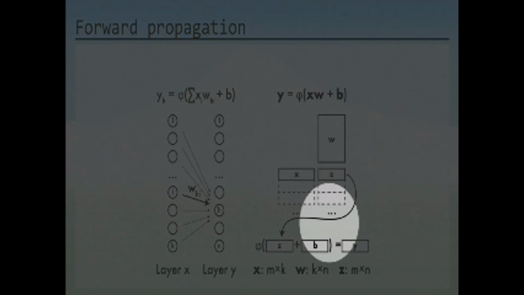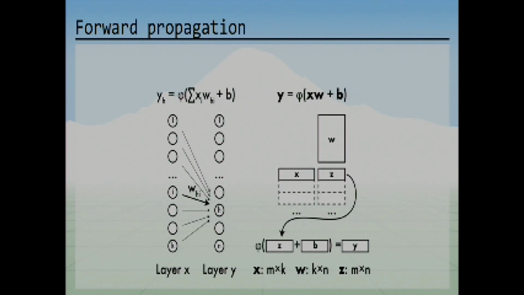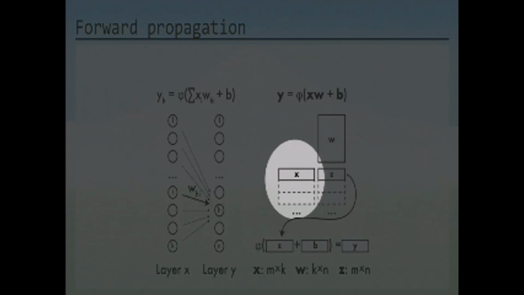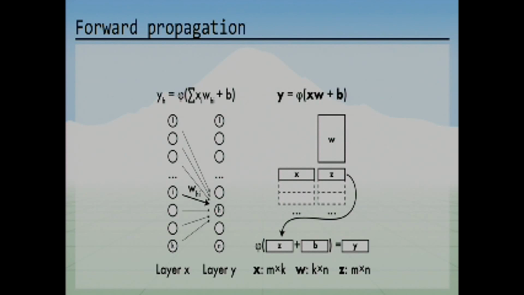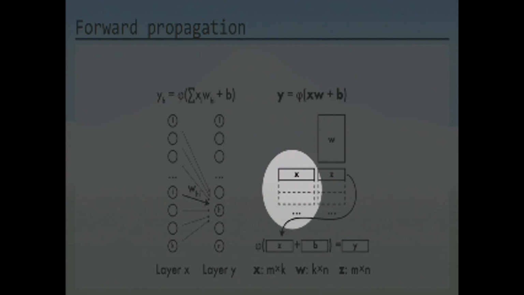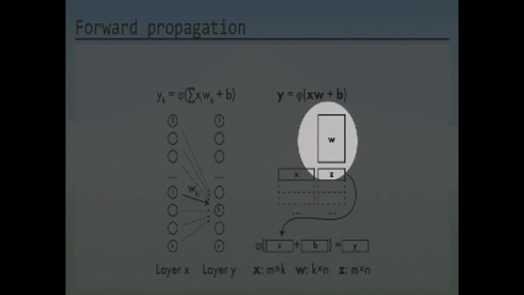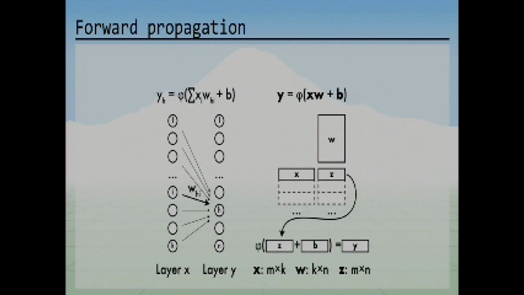The output z will also have a bunch of rows. So instead of feeding examples into a neural network one at a time, we can feed in a bunch of examples at the same time, stacking them on top of each other in this x matrix, and do one big matrix multiplication of x by our weight matrix w to get some output z.